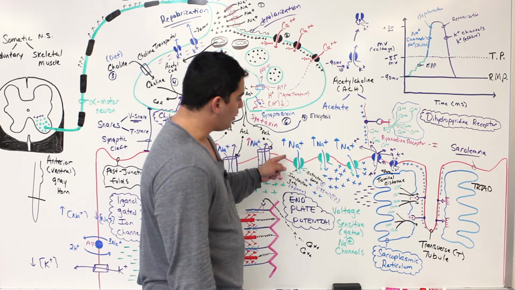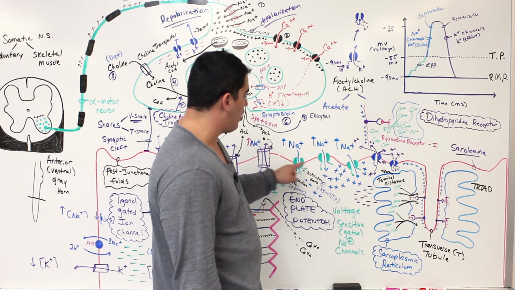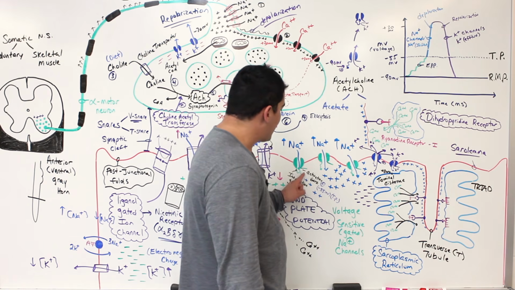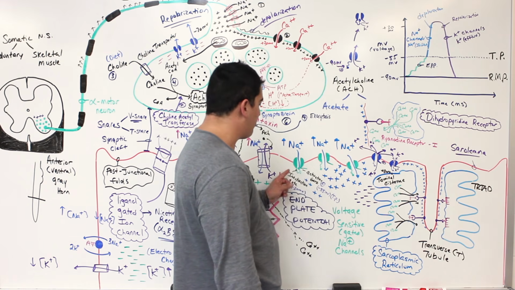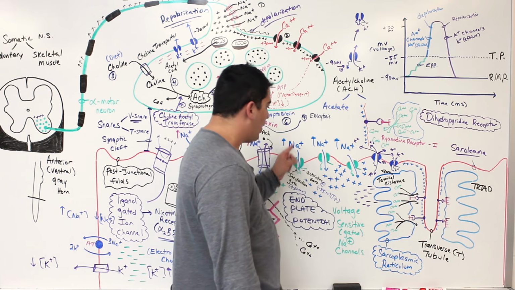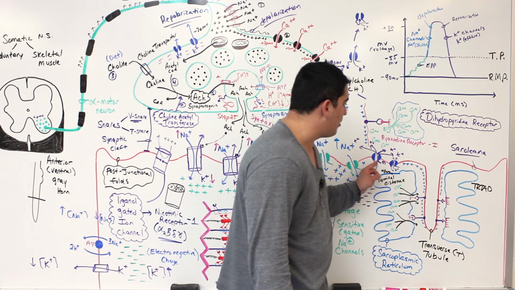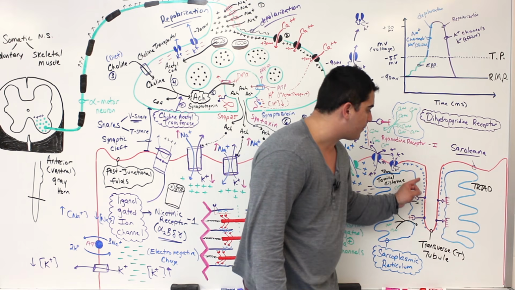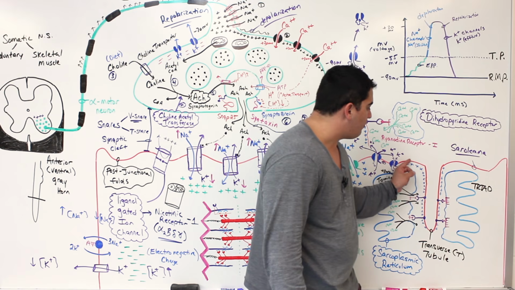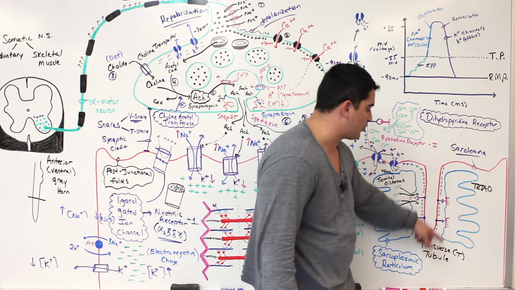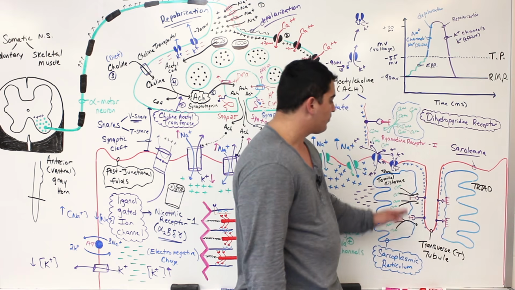Then, just to continue, let's go back to the activation part. Now, if this activation gate is still open, and the sodium ions are coming in, these positive charges will start moving along the sarcolemma, which is the plasma cell membrane, right? And as it moves along the sarcolemma, it moves down these invaginations of the sarcolemma, which is called the transverse or T-tubule.